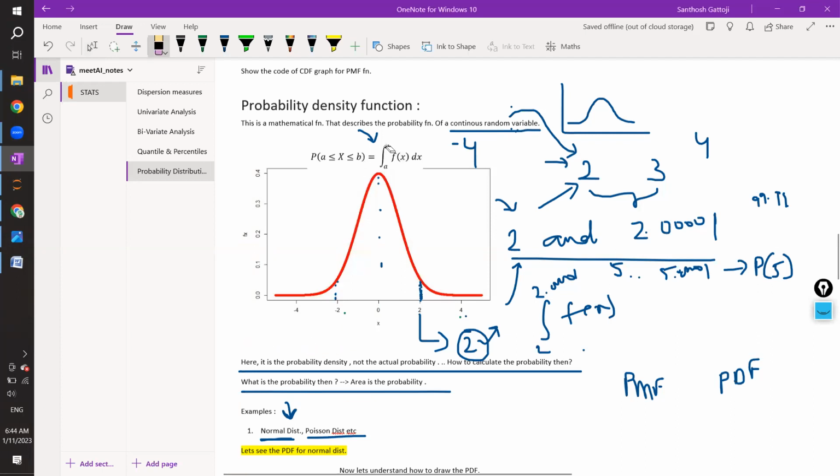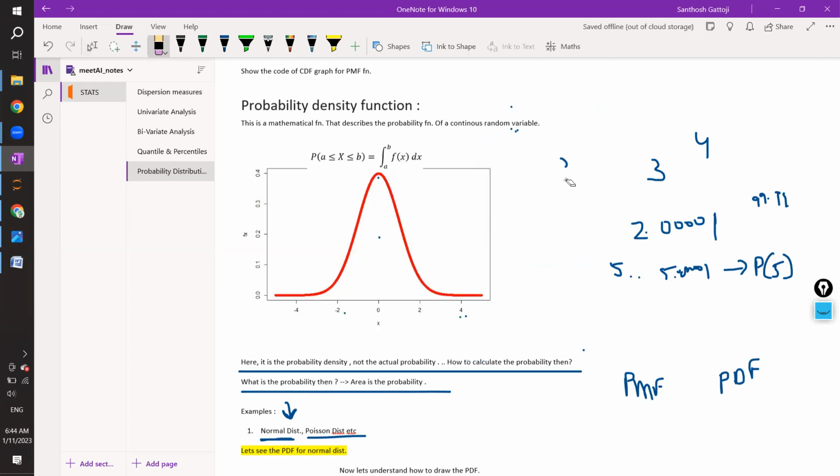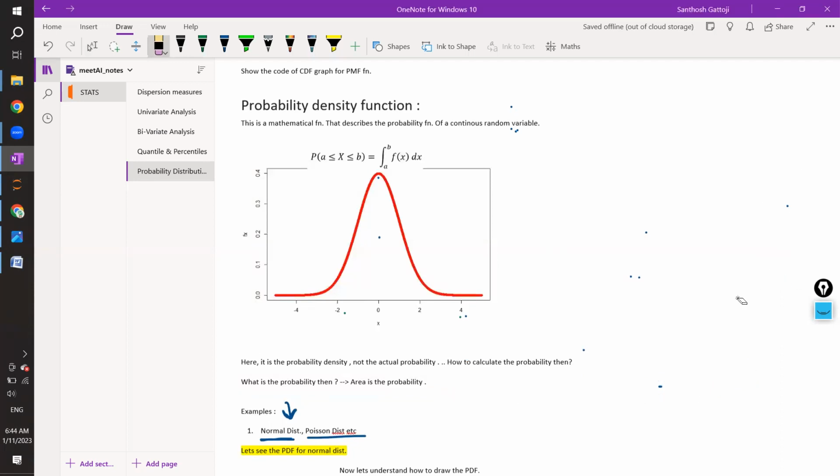Yesterday I was saying that in the PDF part, we don't have the probability directly.